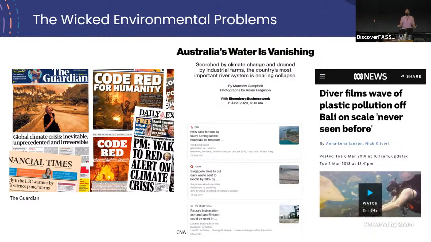I think it's not just the environment that is driving this change, but also what we are doing to that particular resource. More and more we also come across plastic pollution.